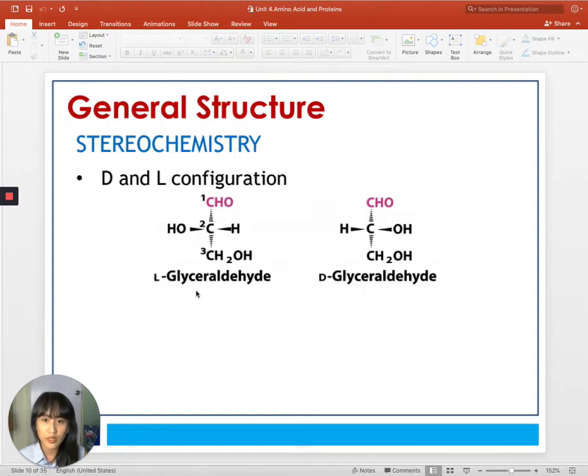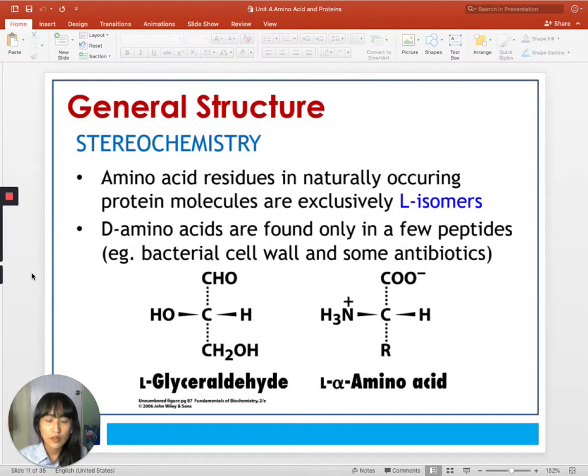We have the L-glyceraldehyde, and the other one is the D-glyceraldehyde. It is also important to note that amino acid residues in naturally occurring protein molecules are exclusively L isomers, and D amino acids are found only in a few peptides, examples of which are bacterial cell walls and some antibiotics.